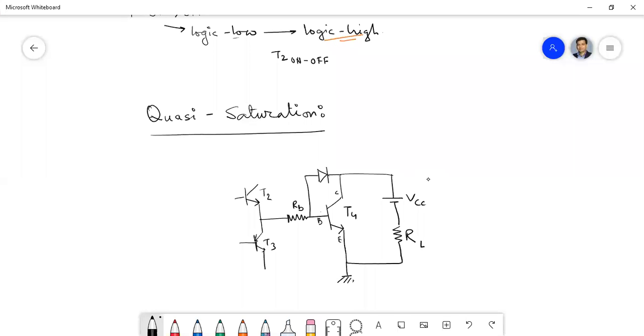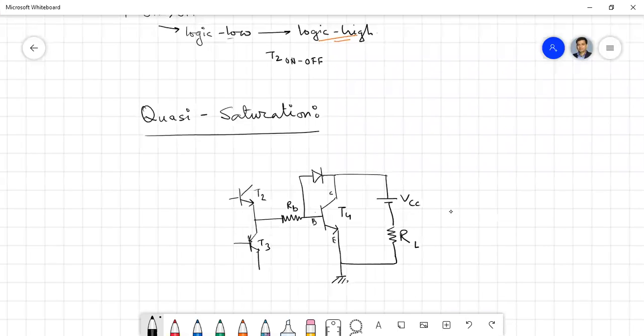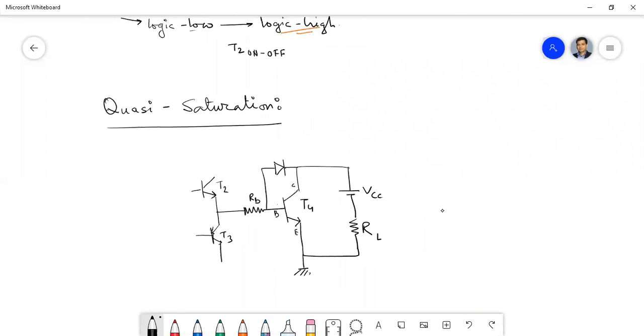Now you see, when we are driving the transistor into switch on mode, what about the biasing condition of the two junctions? I think I've already drawn this in the last class, isn't it?